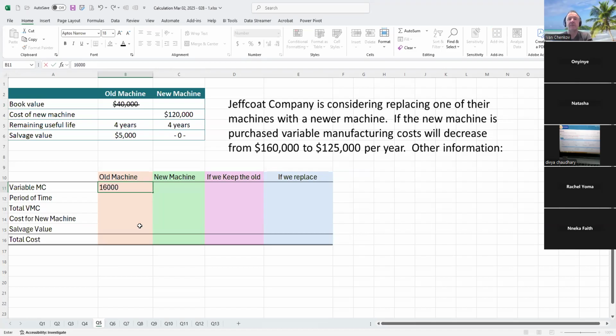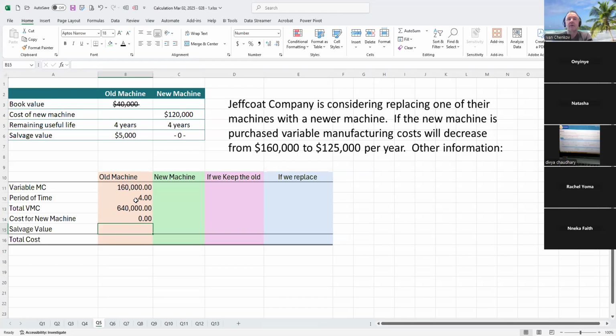160,000, right? Yeah. But this is per year. How many periods are we going to use this machine more? 4 years. How much will it be in total? 640,000. If I keep the old machine, I don't have to buy the new machine, right?